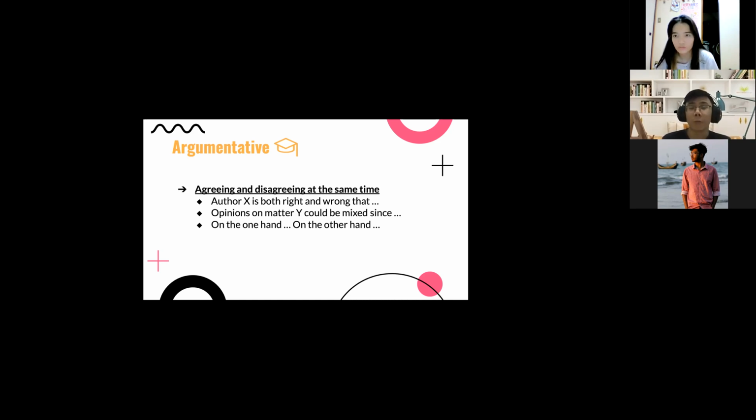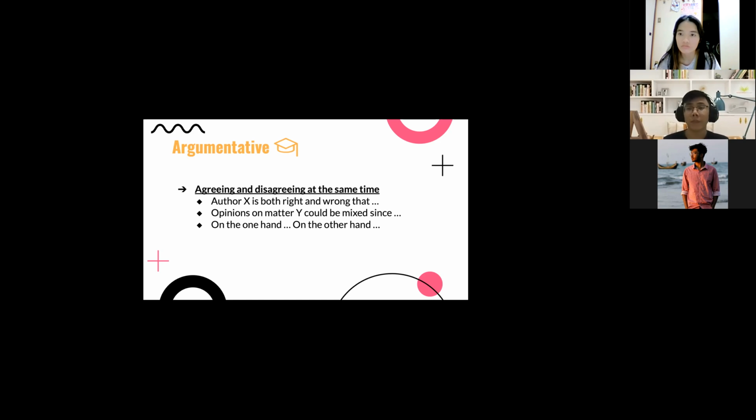One really simple way you can do this is to use the phrase on the one hand and on the other hand. So maybe on the one hand, this can be true, but on the other hand, some arguments of it are just not on point. So these are the types of language you can put in when you want to agree and disagree at the same time.